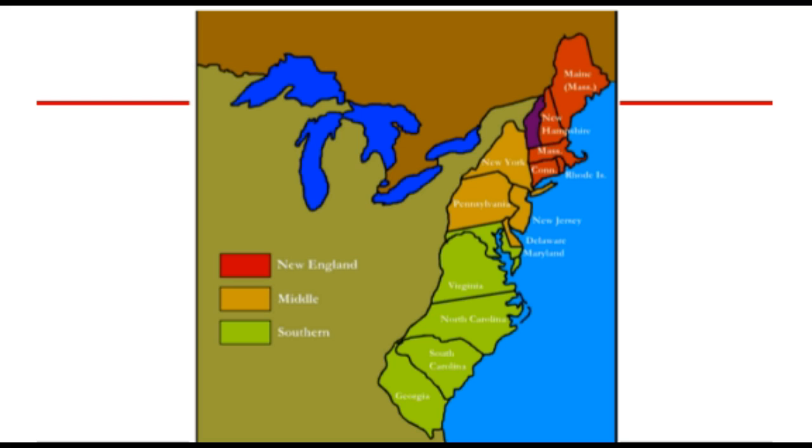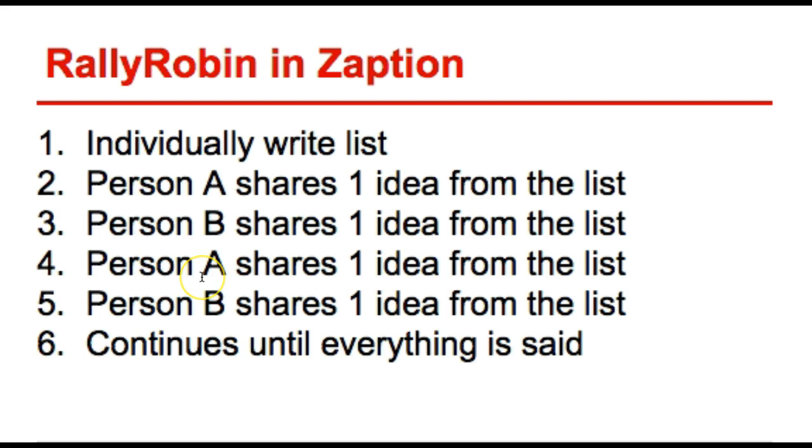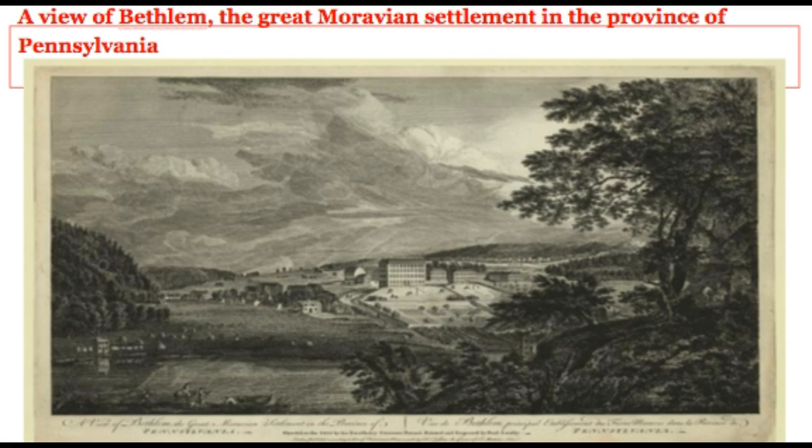And again, we're going to start off with a rally robin. There's your reminder if you forgot. Here is your picture, and your question should be showing up soon. Pause the video, put up a timer for a minute, and then answer the question.